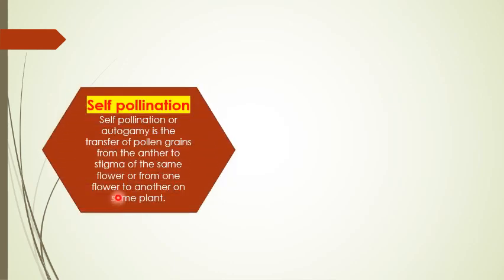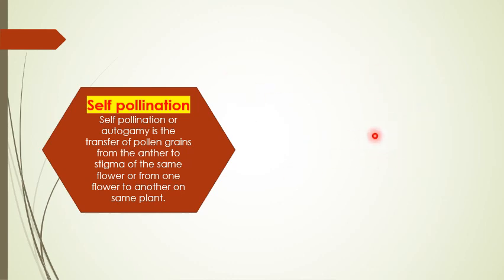Now, what are self-pollination and cross-pollination? Self-pollination occurs in the same plant, in which pollen grain is transferred from the anther to the stigma of the same flower. This process on the same plant is known as self-pollination, while cross-pollination occurs between two different plants.